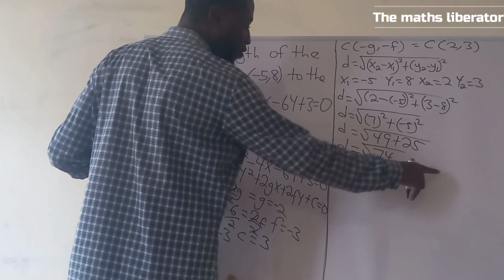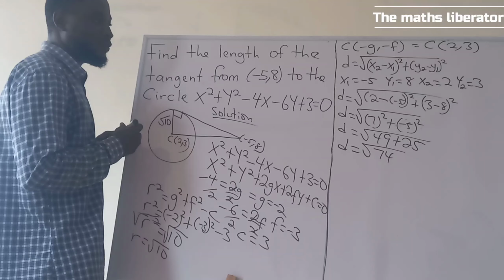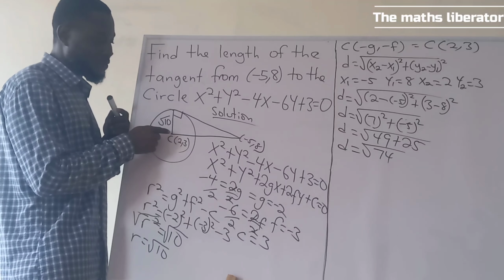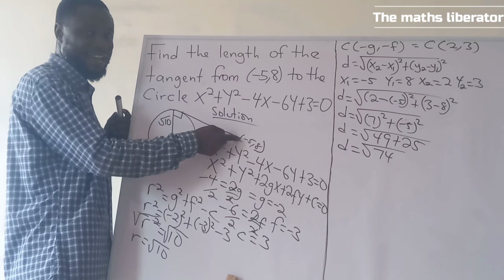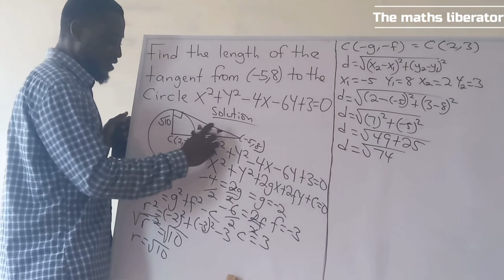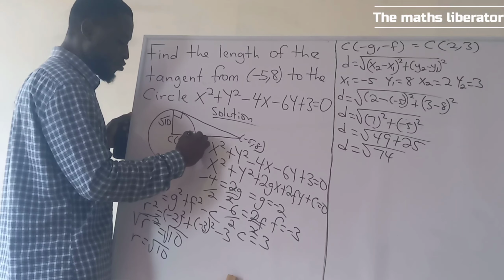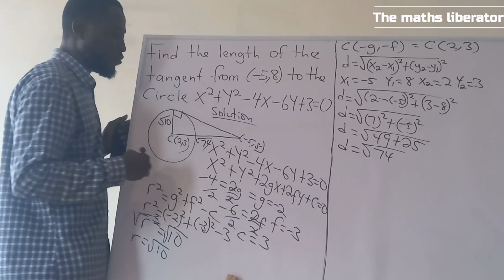So the square root of 74 is the distance from the center to this external point.